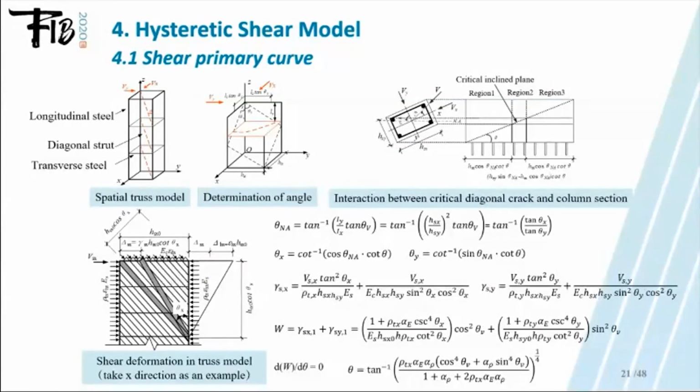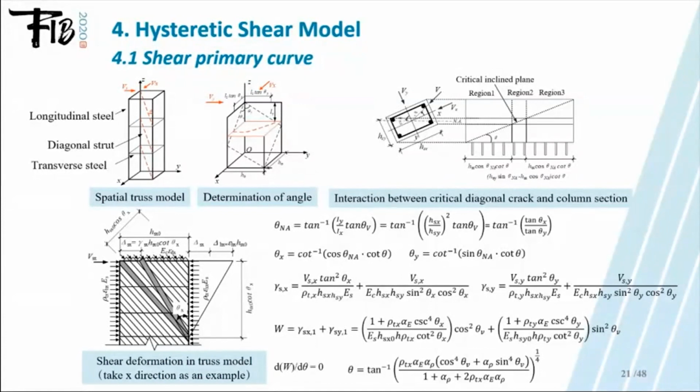A spatial truss model is proposed here to estimate the shear deformation. The proposed model consists of a diagonal concrete strut and steel ties in longitudinal and transverse directions. It can be further decomposed into a pair of independent planar trusses.